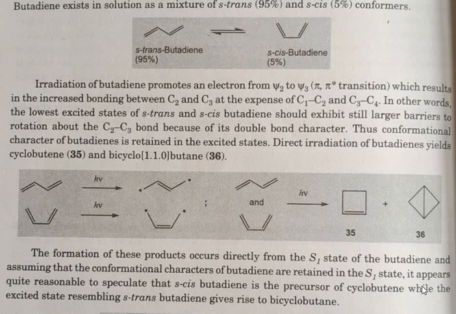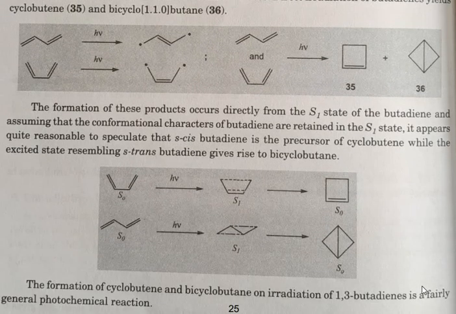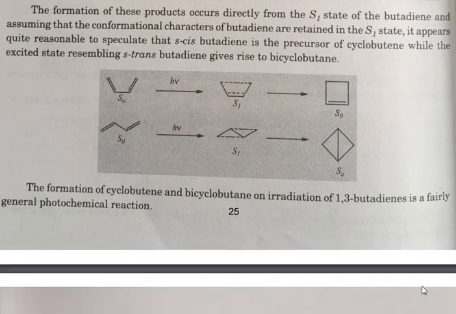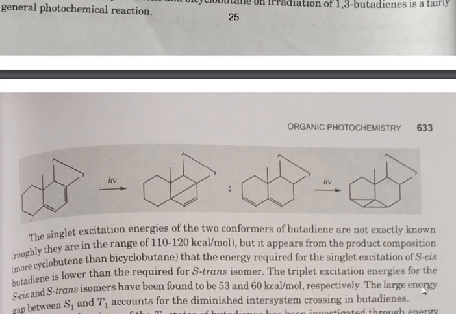You can see the reaction with light, formation of diradicals, and both compounds undergo h-nu. It gave 35 and 36. So S0 and S0, this compound gave S0 and S0 with different products. The same thing happened in this type of molecules.